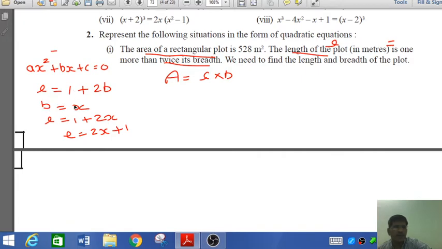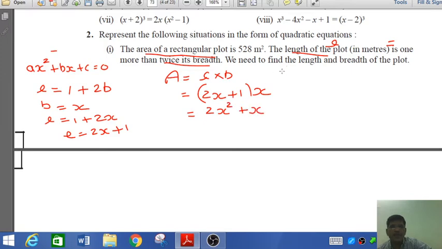We take breadth as x, so length is 1 plus 2x. Now area is equal to L into b. So length is 2x plus 1 and breadth is x. If I open it, then 2x square plus x.